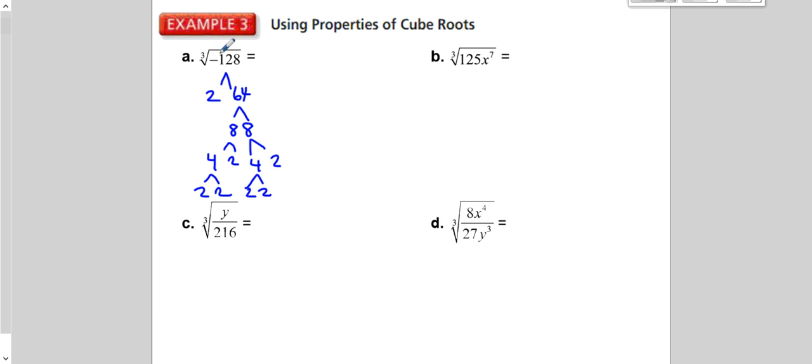Okay. The cube root of a negative is a negative. The cube root of a positive is a positive. Let's see, how many 2's do we have? We have 7 2's. Let's write them all out the long way.